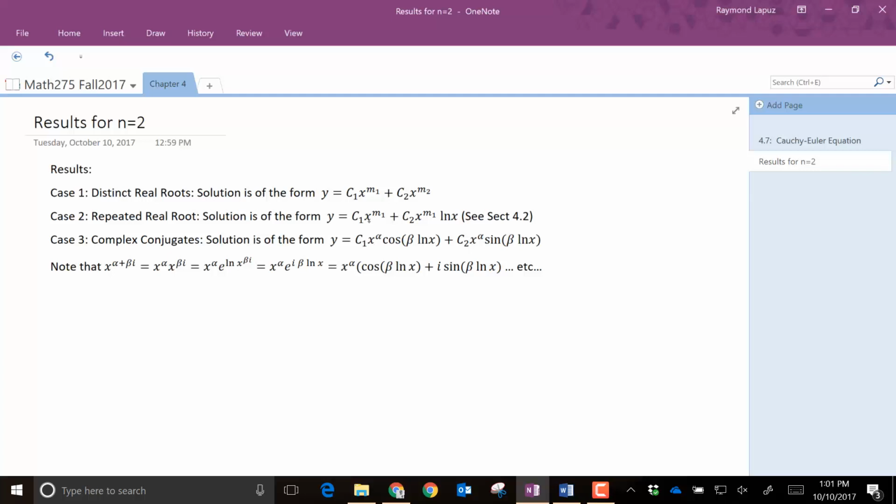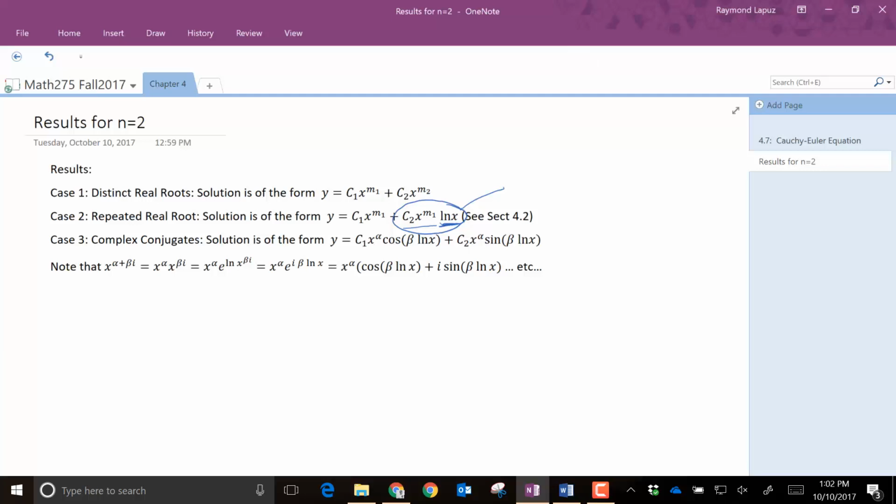And so, you know how in the past we simply multiplied by x? Well, in this case, it's a little bit different. If you have a repeated root, you multiply by an ln x. And we don't have to go through the work. I don't know if the book does it. Maybe they do.